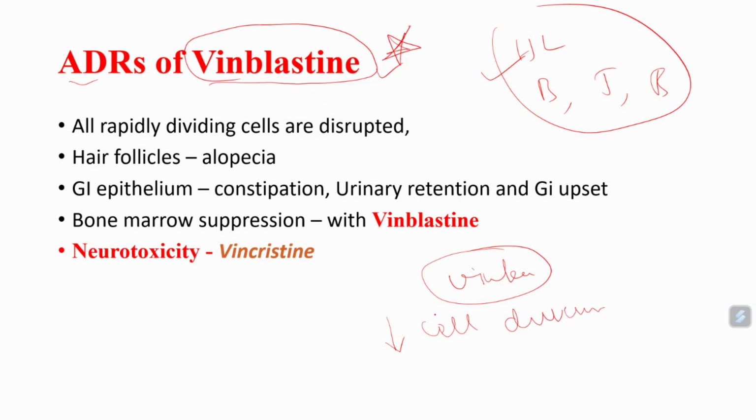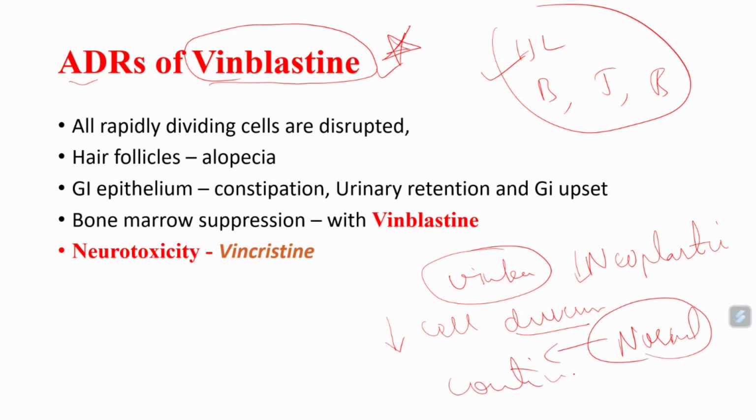When cell division is stopped, it is stopped not only in neoplastic cells but also in normal cells. In which normal cells? The normal cells which are continuously dividing. Continuously dividing cells are available in the hair follicle.